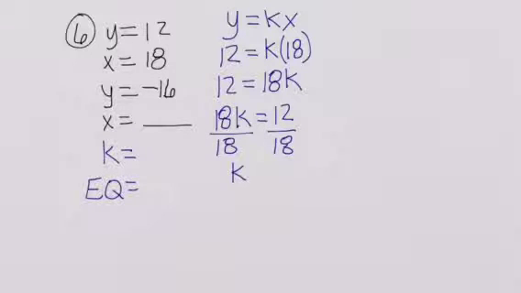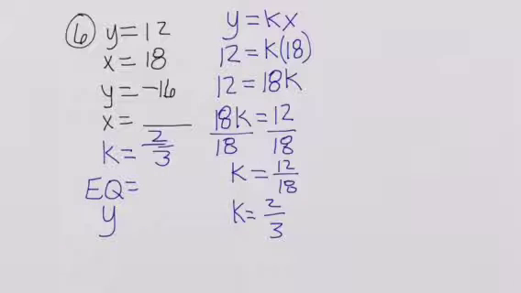And then, of course, we're going to divide because it's a multiplication problem. And we're going to have k is equal to 12 over 18. But it's a ratio, so that means that we're going to have to simplify it. So k, if we simplify by 6, is 2/3. So our constant of variation is 2/3. So now we know how to write our equation.